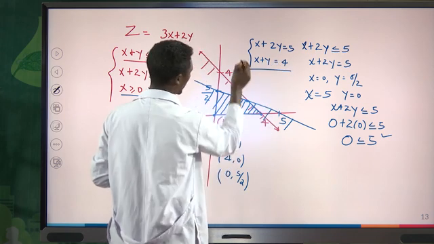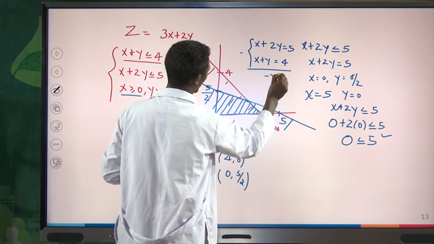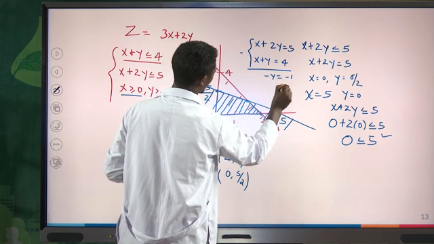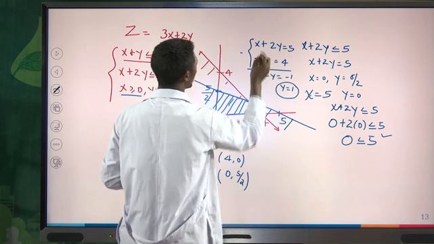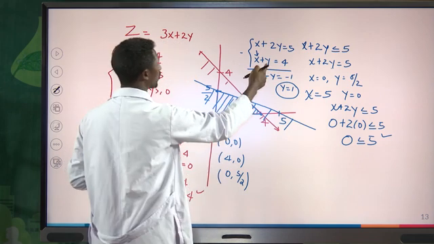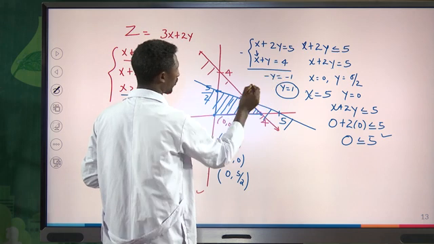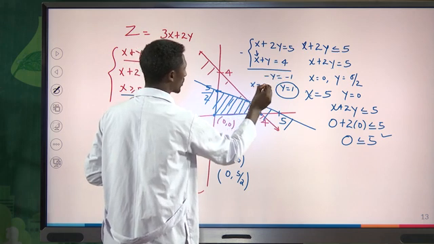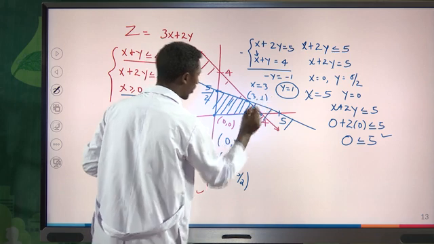To find this point, let's subtract: minus y equals minus 1. So y equals 1. If y equals 1, what is the value of x? If we substitute 1 in place of y, x + 1 equals 4. So x must be equal to 3. So this point of intersection is (3, 1).